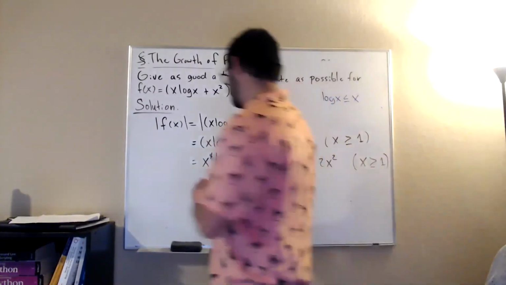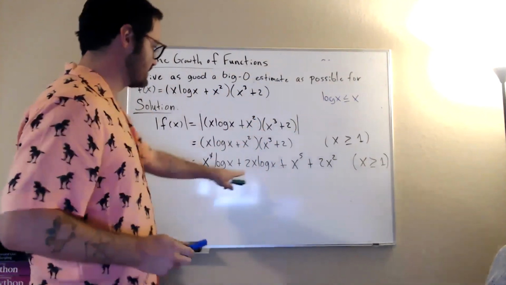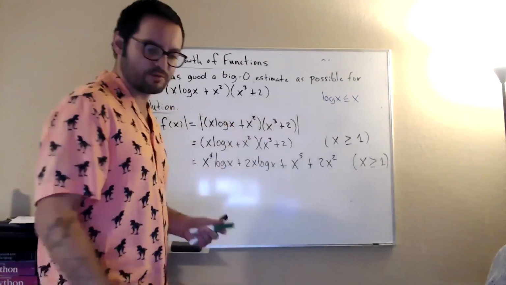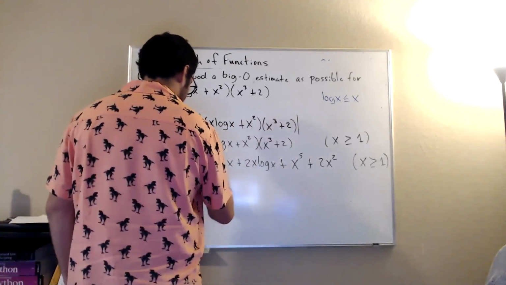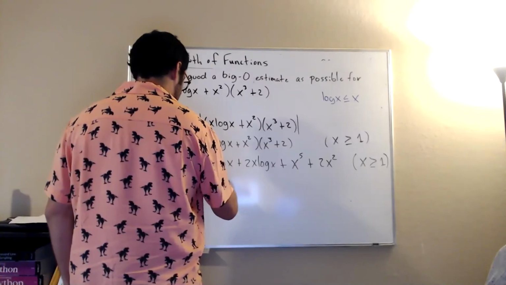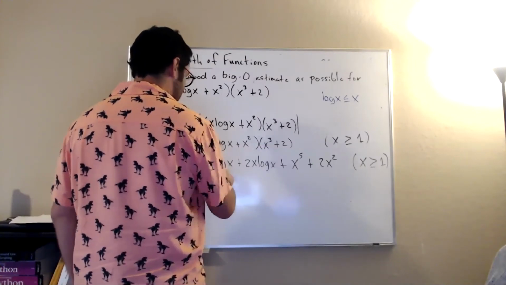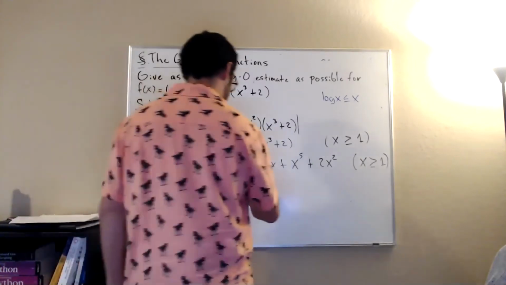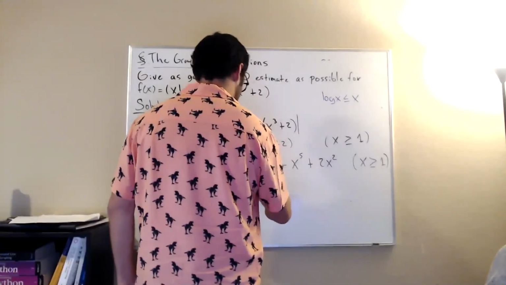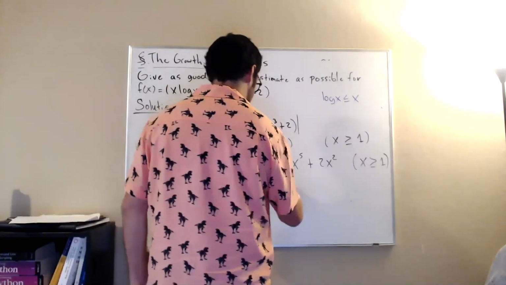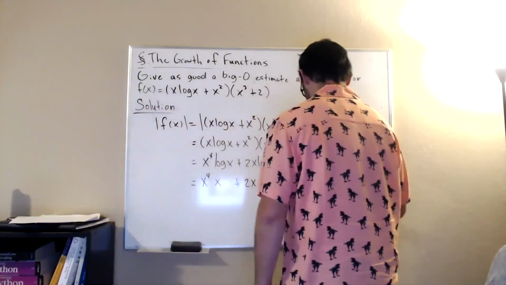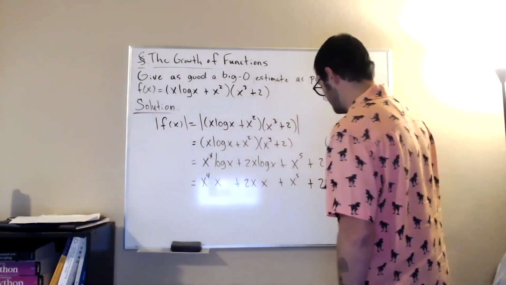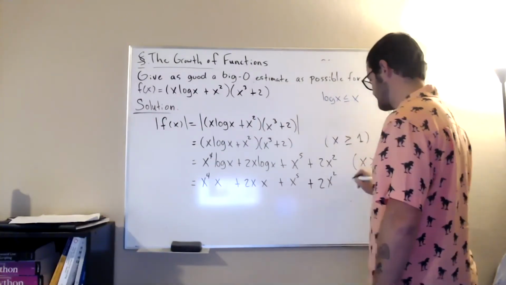So what I can do is I can replace each of these log x's by x and get an upper bound. So replace that log x by x. Replace that log x by x. Leave everything else the same.